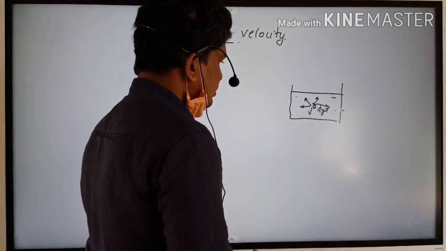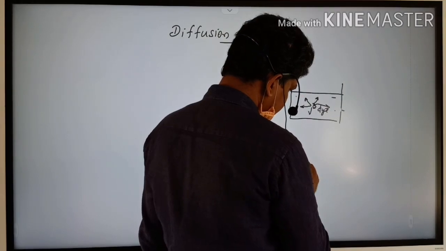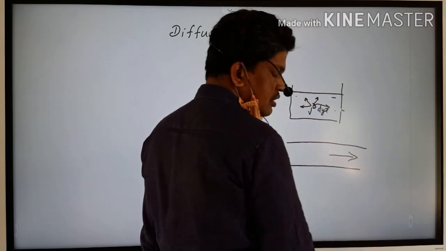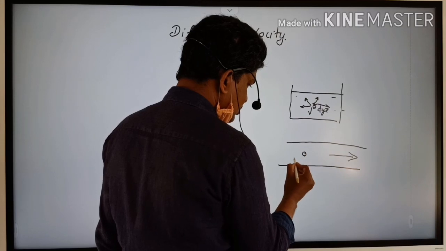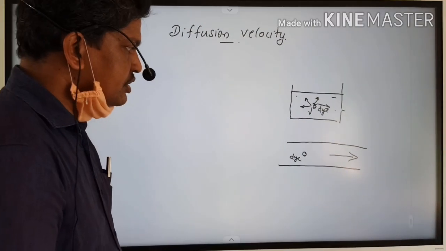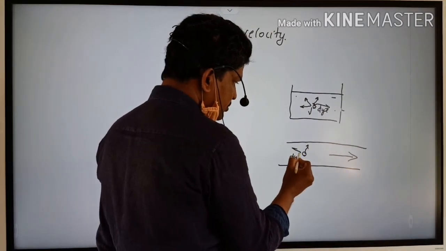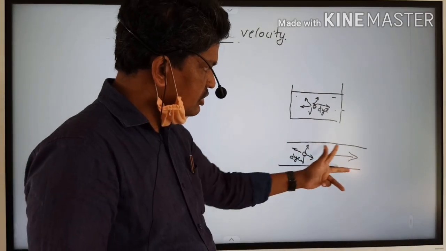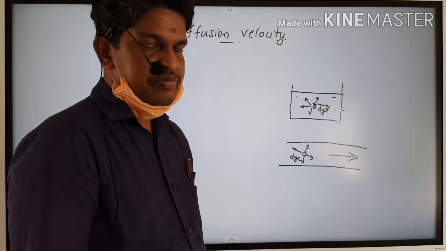Then what happens if the dye is dropped in a flowing fluid? Suppose the water is flowing and the dye is dropping. Here the dye will diffuse radially, and it also moves along with the fluid due to the bulk motion of the fluid.